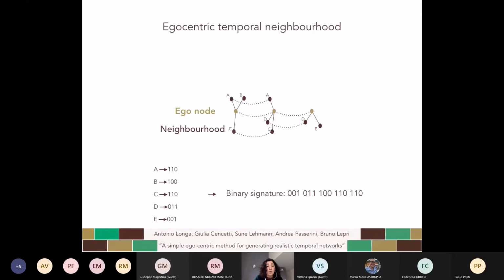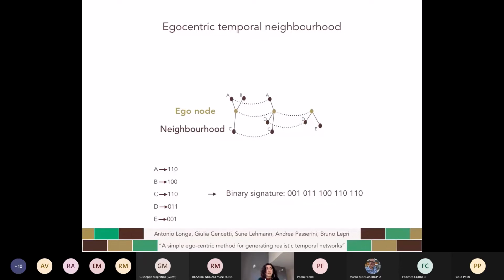This is possible only because we are neglecting all the interactions between neighbors. So we are simplifying the problem, but this helps a lot for the algorithm velocity, and which makes possible also to analyze very big temporal networks.